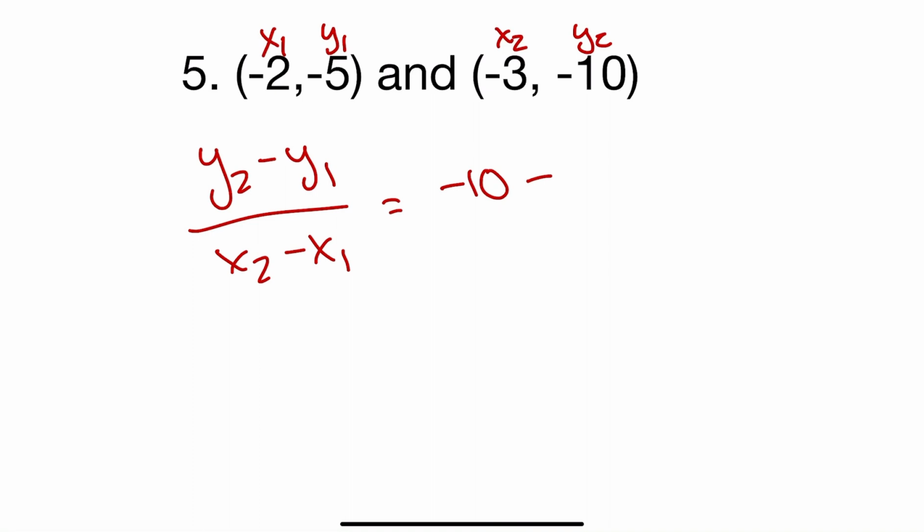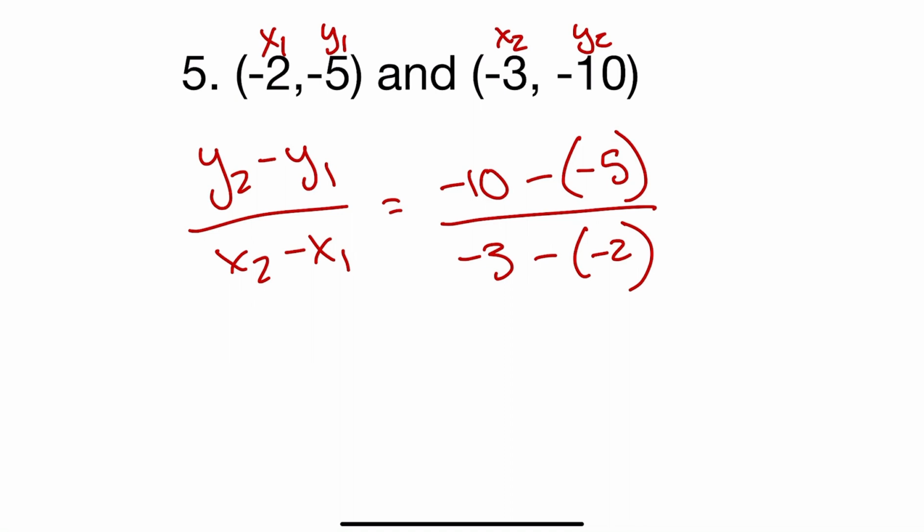Ooh, that's another negative, so I'm going to be careful and put that in parentheses. All right, x2 is -3, minus x1, that's a -2 again, so I'm going to make sure to put that in parentheses. All right, so I have a negative times a negative in both of these, so I'm going to make both of them giant plus signs so that we get rid of those negatives because they are no longer needed.